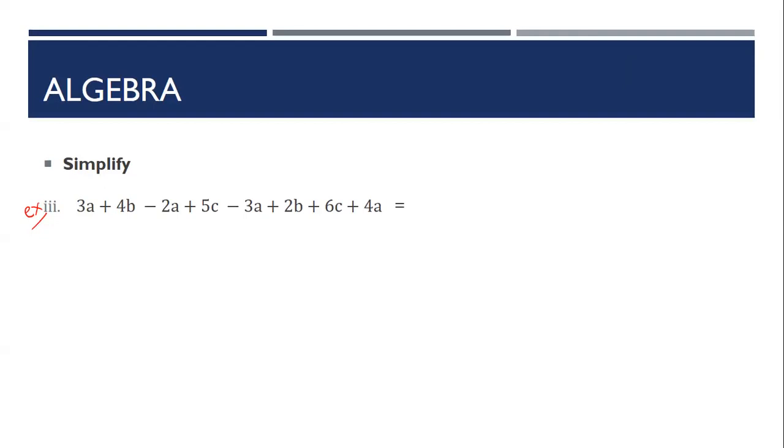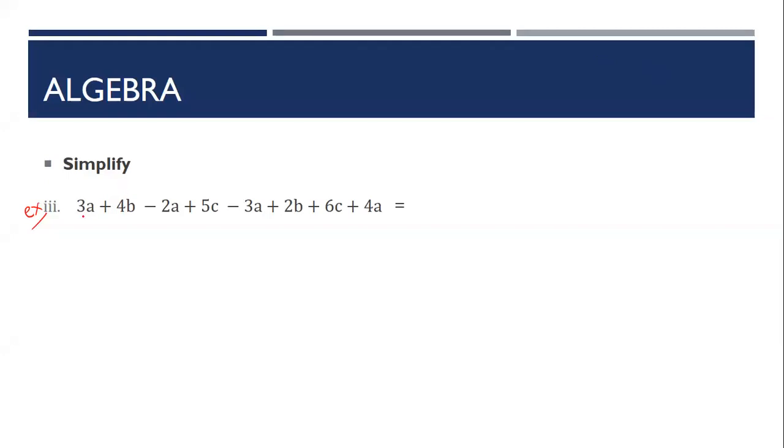Okay, let's see. So here we are having a, b and c terms. So many say it is 2a plus 6b plus 11c.